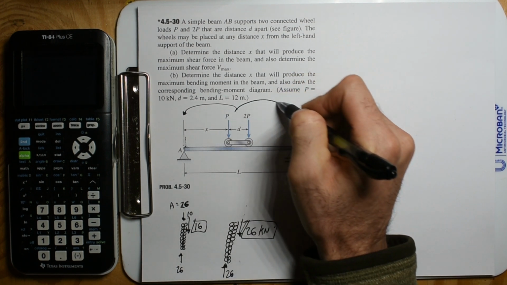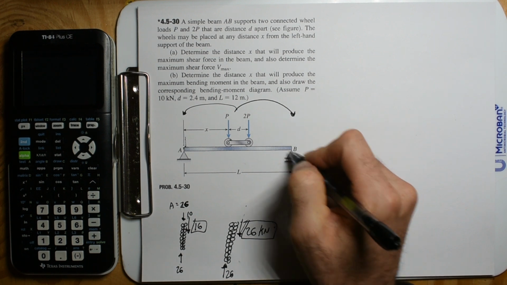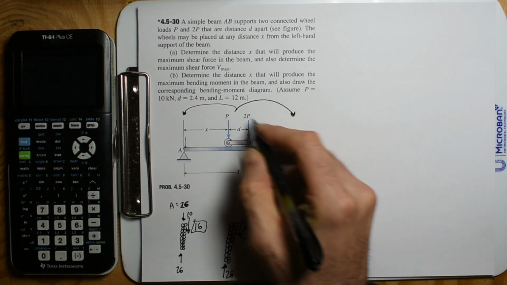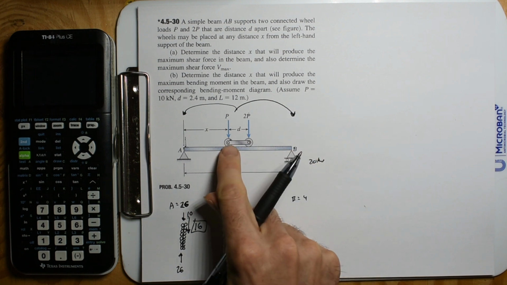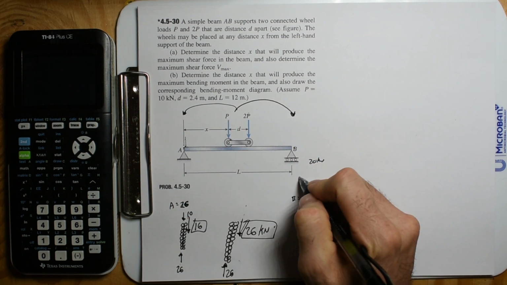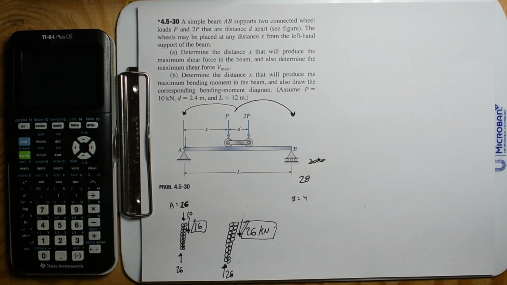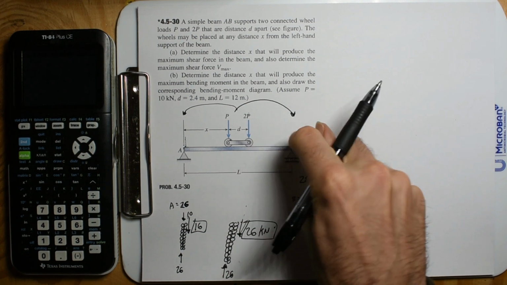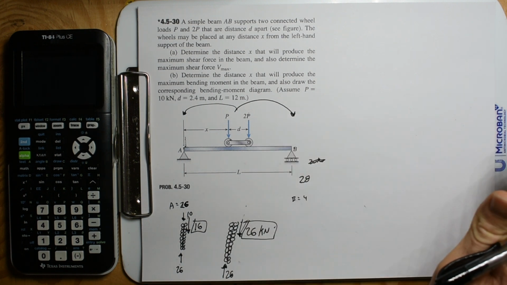So now let's go to the other side and do the same thing. B is going to see 20 kilonewtons from this 2P plus 80% of 10, which is 28. So you're going to see 28 kilonewtons over here. But I don't think they intended this problem this way, because if this 2P is directly over B, you're not going to generate any shear.